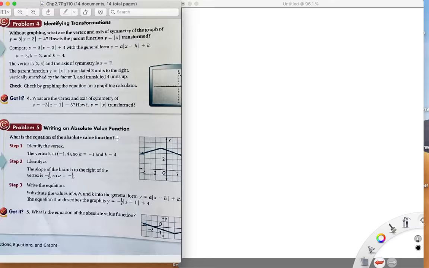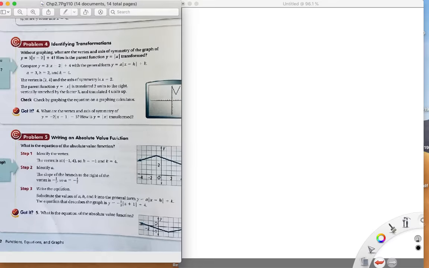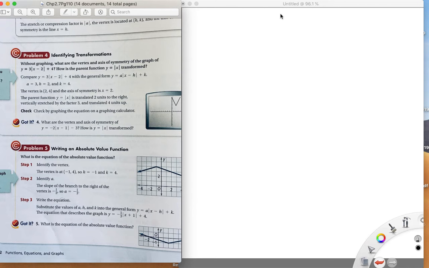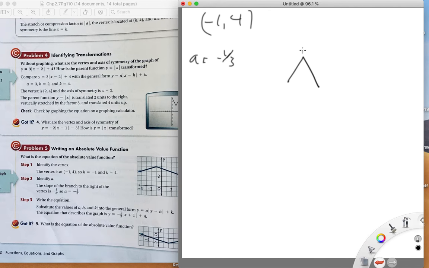Okay, writing an absolute value function. It says I have a vertex of (negative 1, 4). So I know that when I start my graph, I'm going to start it at the vertex, right? So that will be the start of my graph. I look at what a is, and according to this, a is negative 1/3. I'm sorry, I know it's going to be a downward facing graph, so it's going to go down from the vertex at (negative 1, 4).